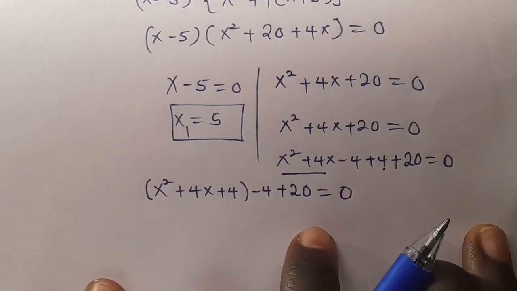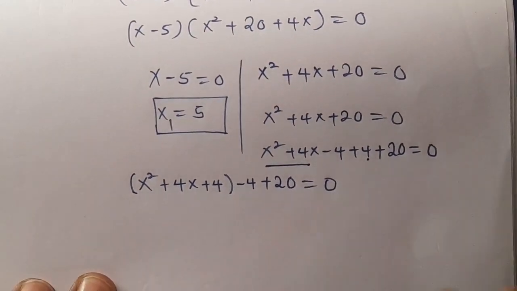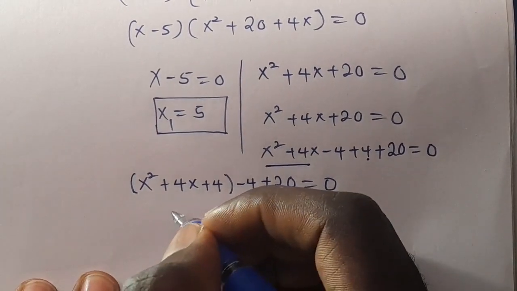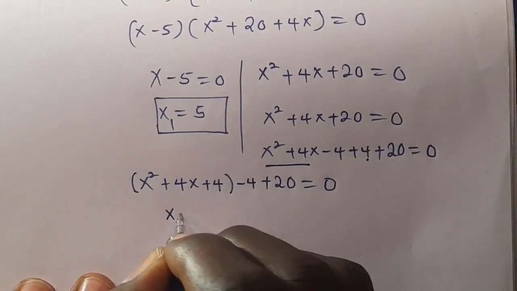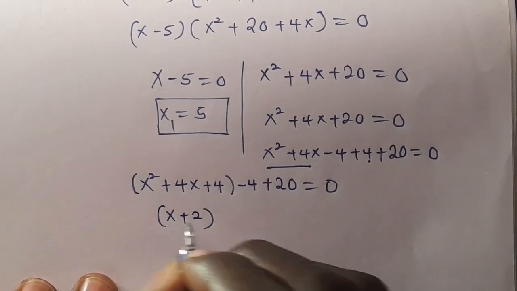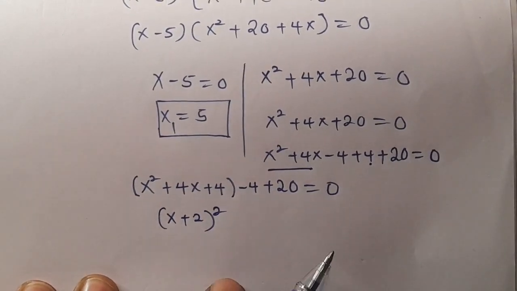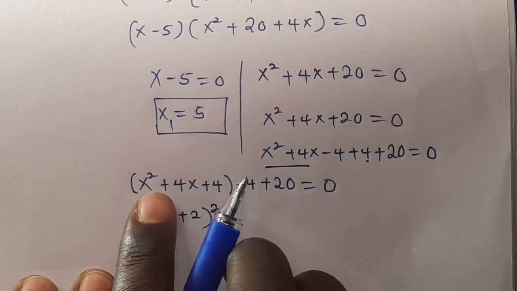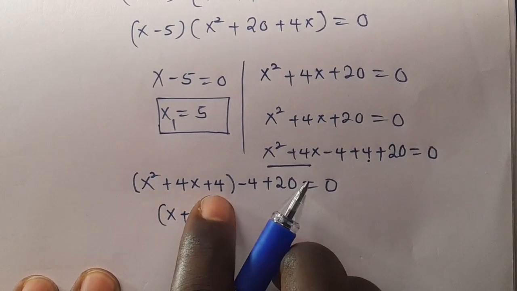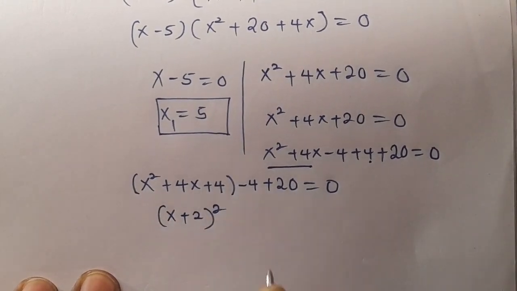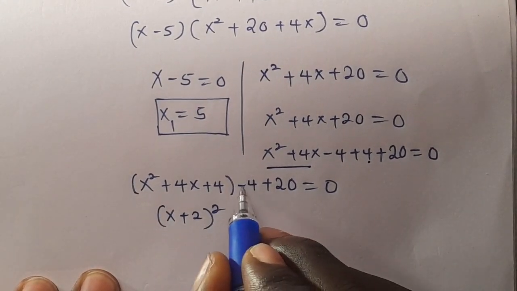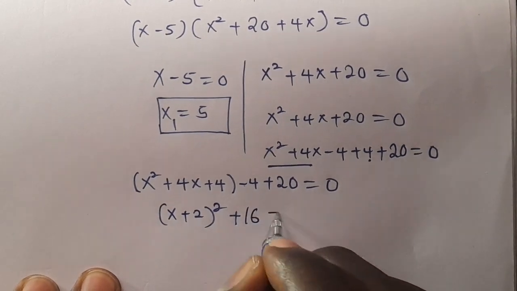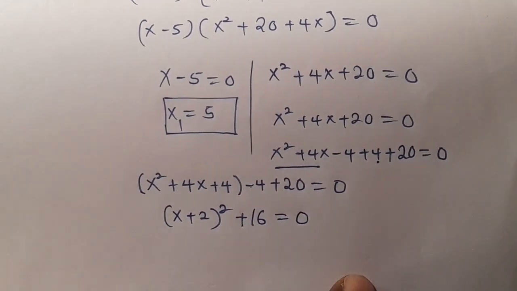Now, so therefore from here we can have this equivalent to x plus 2 all squared. When you open the bracket back, we are going to have x squared plus 4x plus 4. This one will be minus 4 plus 20, which is plus 16, everything equals 0.